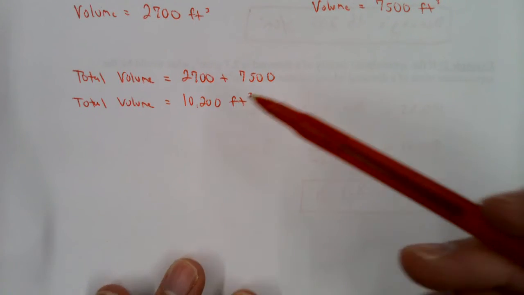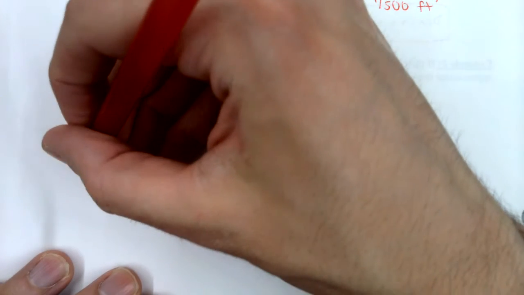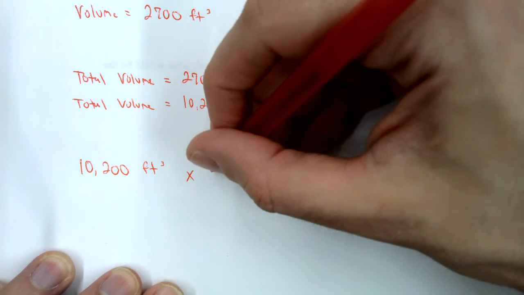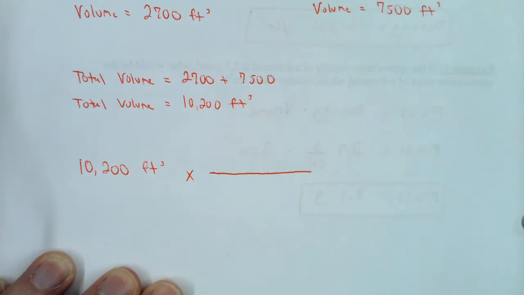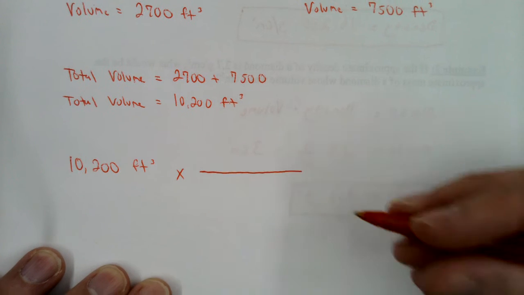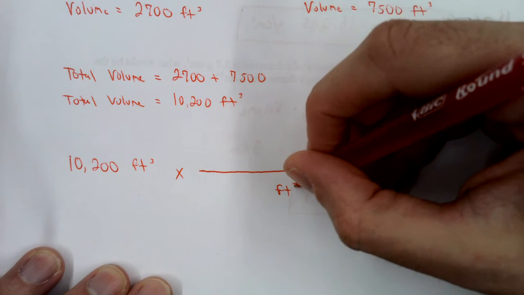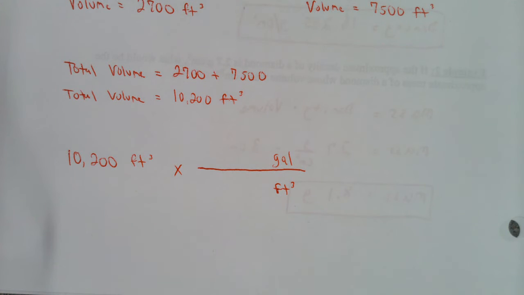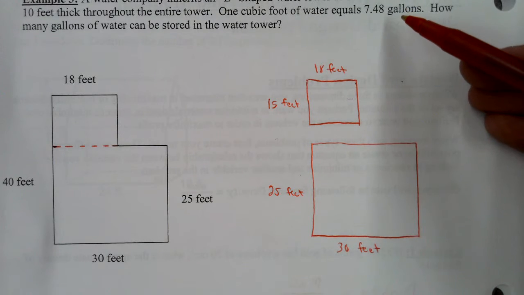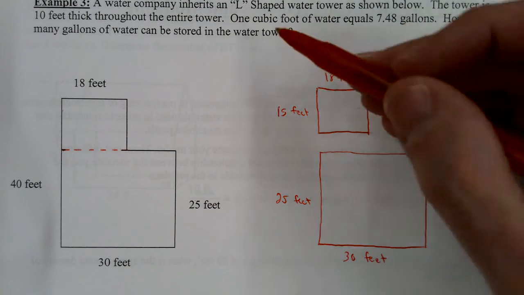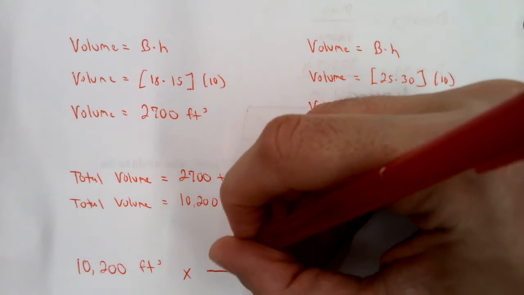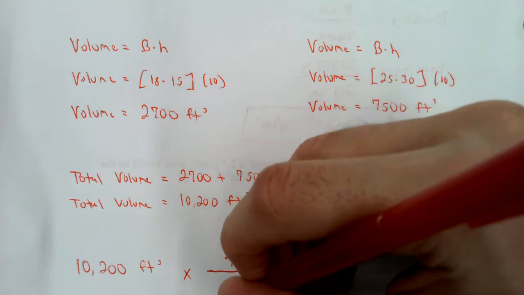I start with this unit, 10,200 feet cubed. And I do my conversion over here. Whatever these units are, they're going to go down in the bottom. And I want to convert that to gallons, so that goes up top. The conversion rate, according to the problem, is 7.48 gallons for every 1 cubic foot.